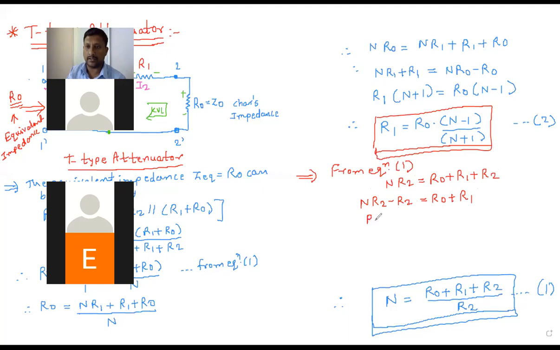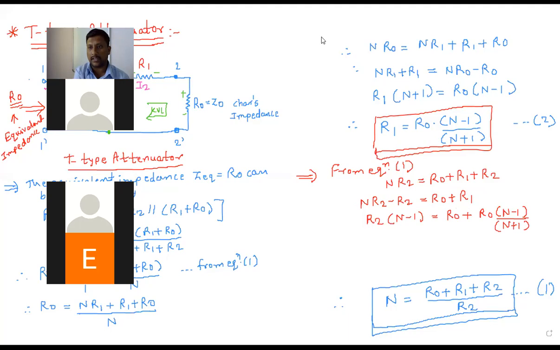So R2 you can take common here. R2 into n minus 1 is equal to R0 plus R1, where R1 is replaced by R0 into n minus 1 divided by n plus 1.